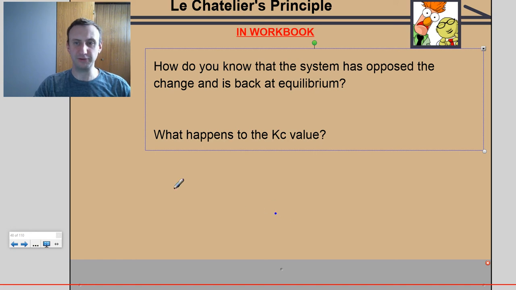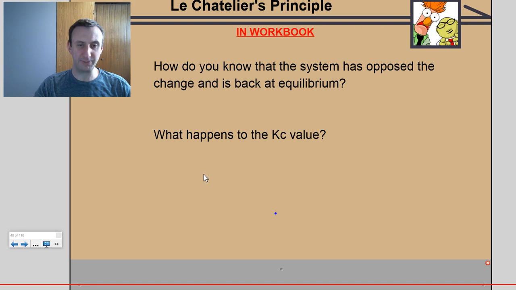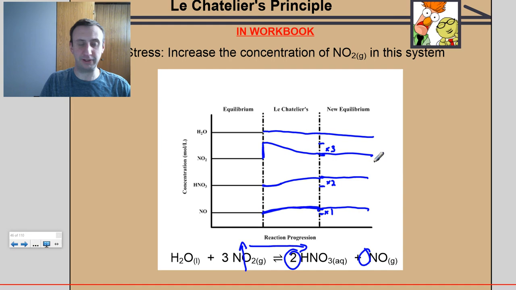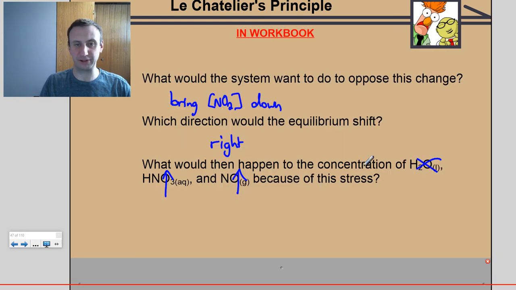So how do you know that the system has opposed the change and is back at equilibrium? Well, after this, it would stay constant after that point. It would be staying solid after that, getting a flat line, which means that I now have equilibrium established again after the stress that occurred.